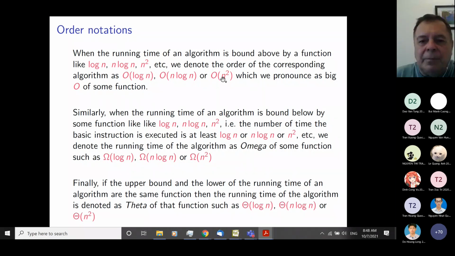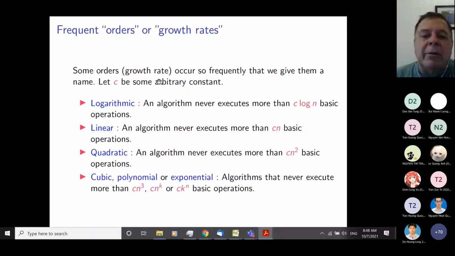After some value of n, this thing multiplied by C is always going to be bigger than the function that I'm bounding. So those notations have two meanings: upper bound, lower bound, exact bound, and also they stand for some constant. That's why we have these constants here when we describe this order.